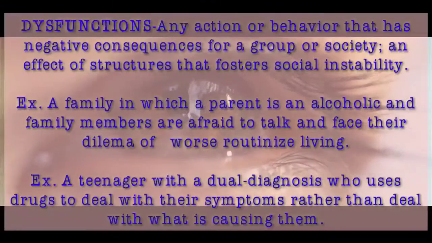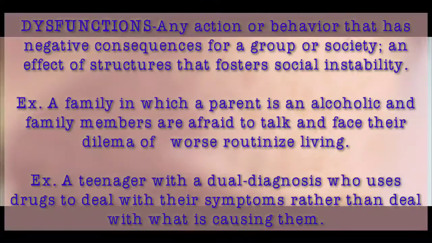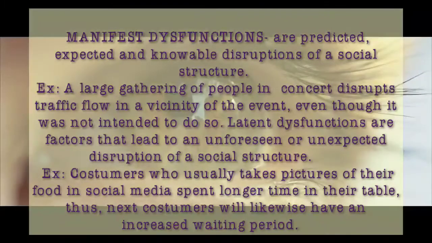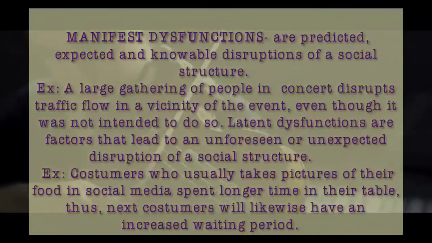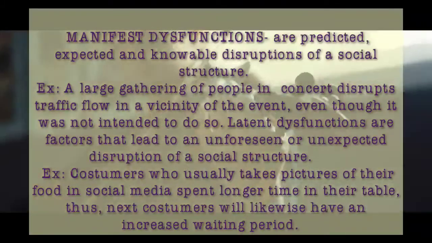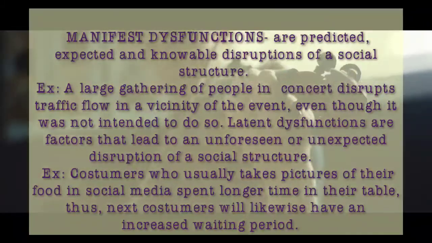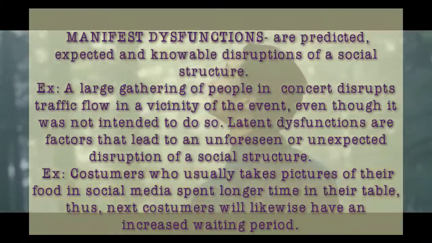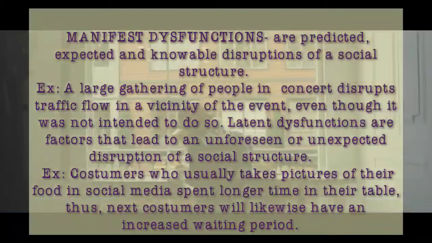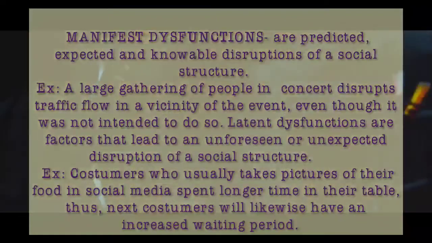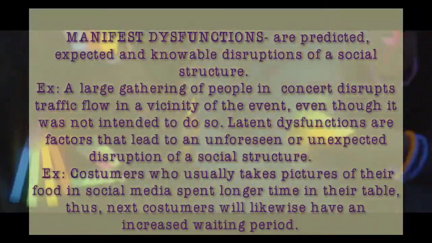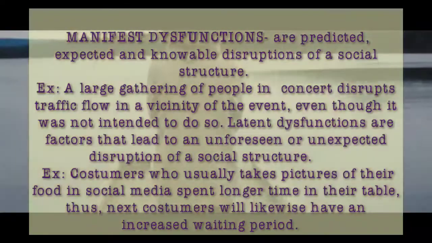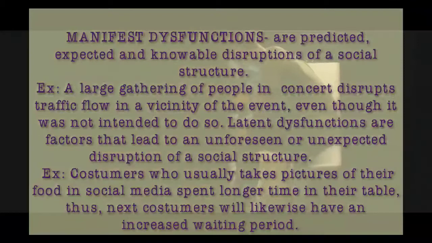To add more, there are two different types of dysfunctions. In this case, Merton identified another function. This is manifest dysfunction. These are predicted, expected, and knowable disruptions of a social structure. For example, a large gathering of people at a concert disrupts traffic flow in the vicinity of the event.